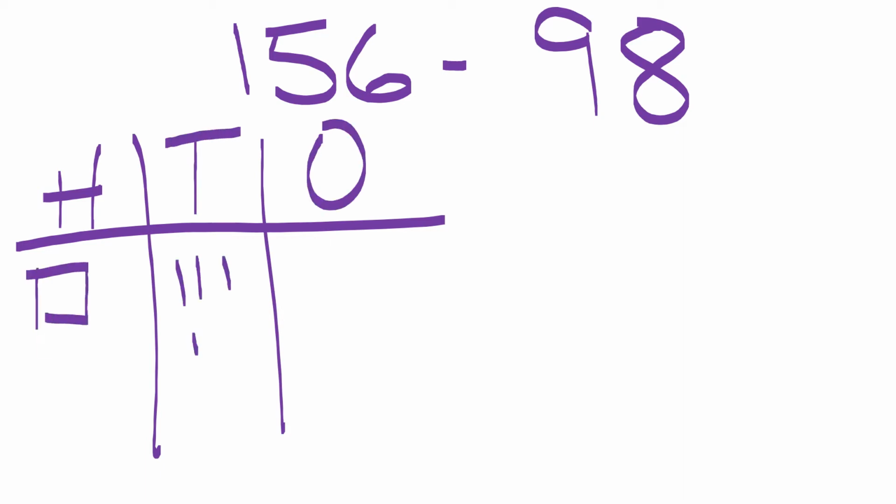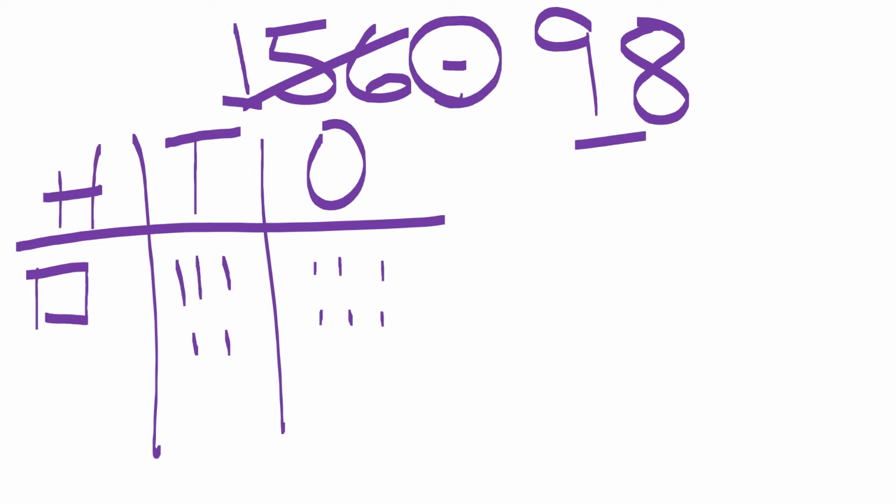So I'm starting off with putting 100, 5 tens, and then my 6 ones. I tend to cross out the numbers once I use them just because I don't have to look at them anymore. This is subtraction, so I'm not going to be adding this number into the HTO chart because I'm taking away.